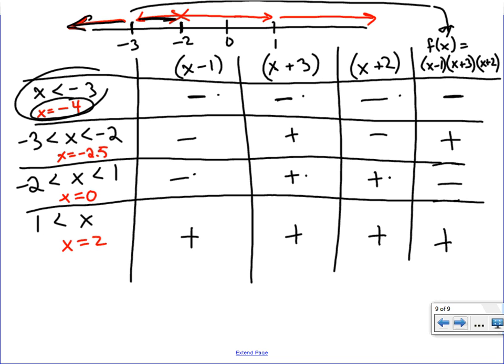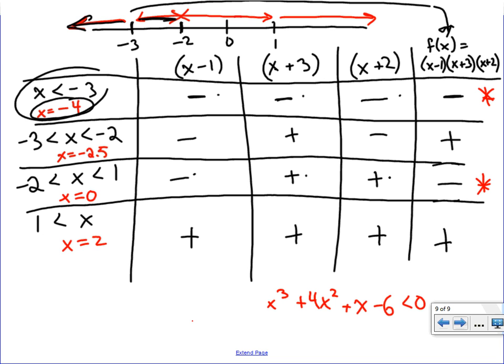So that means that our intervals, where my original function is negative, are here and here.